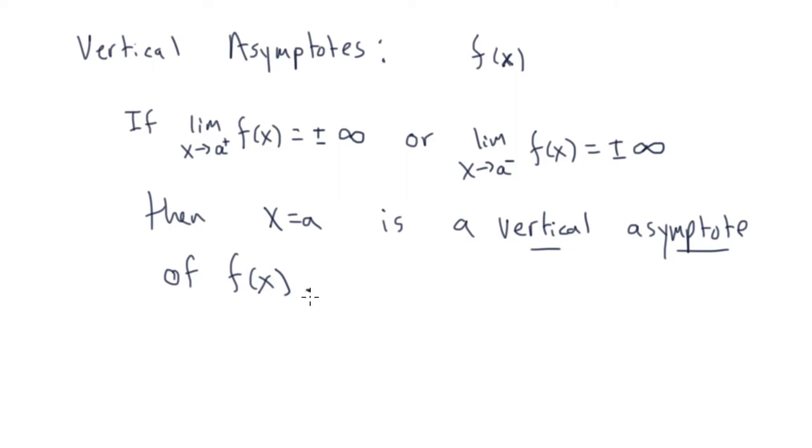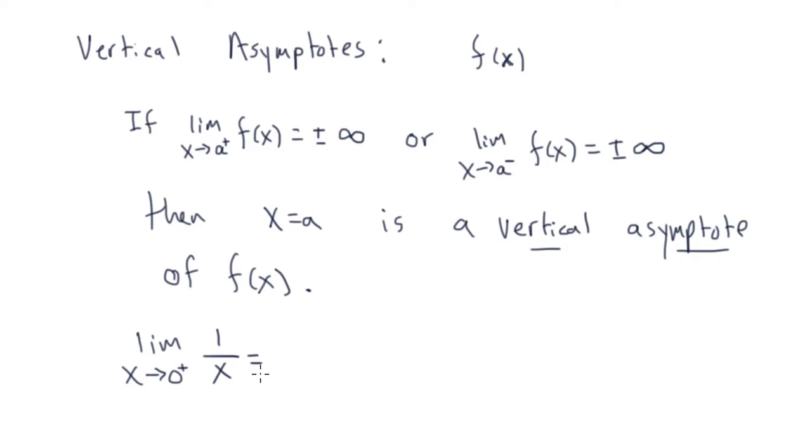Okay, so we can look at a couple of really important examples, and these will actually probably be the most important examples that we look at. So the limit as x approaches 0 from the right of 1 over x is equal to, well, let's just think about it.